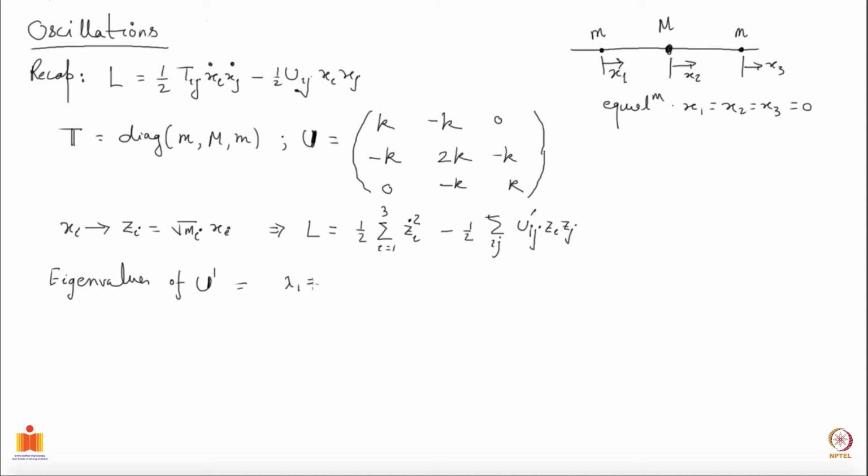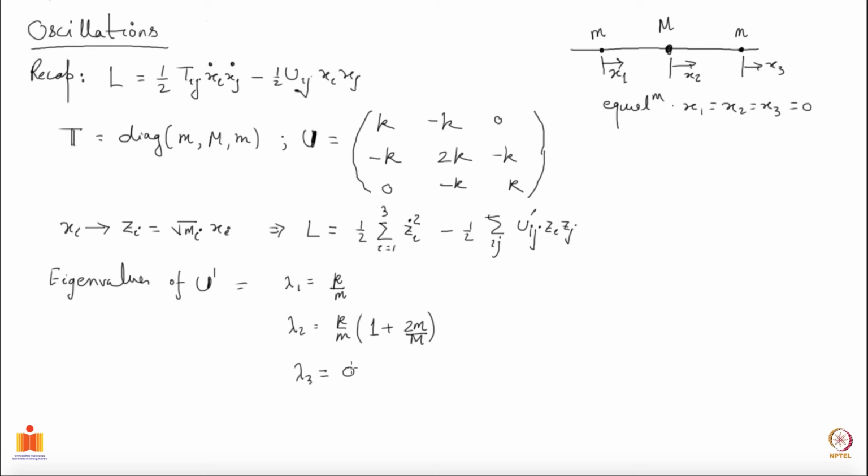Lambda 1 is k over m, lambda 2 is k over m times 1 plus 2m, the entire thing divided by capital M, and lambda 3 was 0.